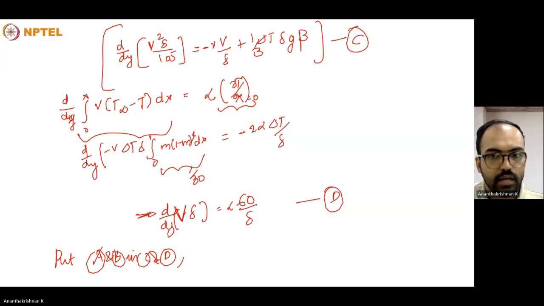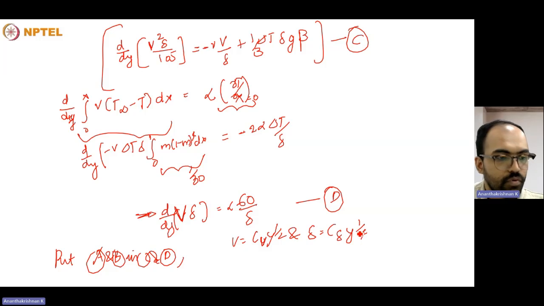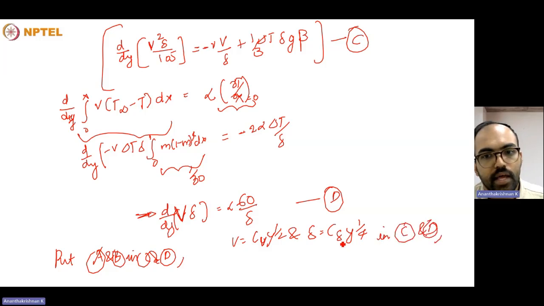We can get V is equal to C_V y raised to 1 by 2, and delta is equal to C_delta y raised to 1 by 4 in C and D. We can obtain the values of the constants C_V and C_delta.